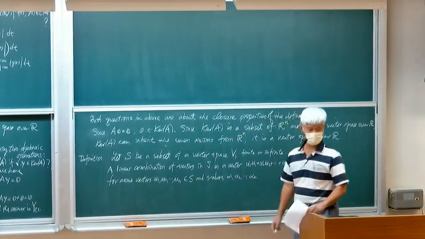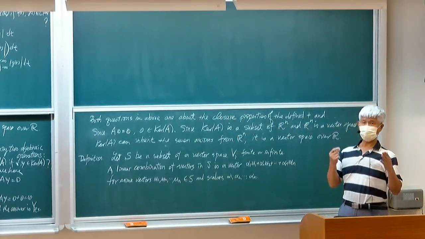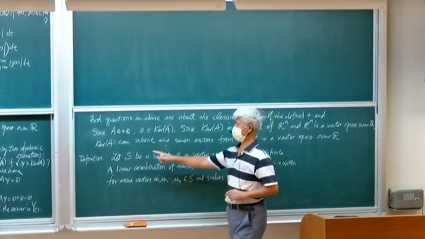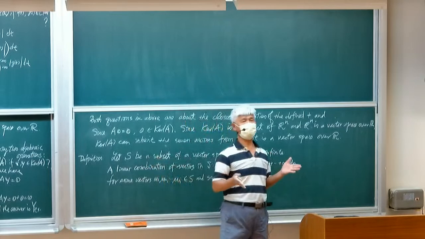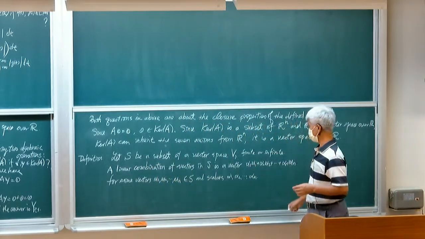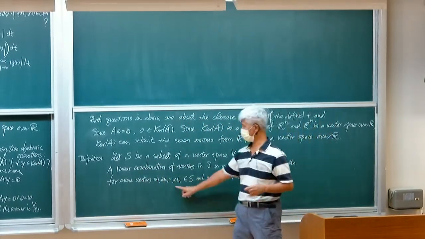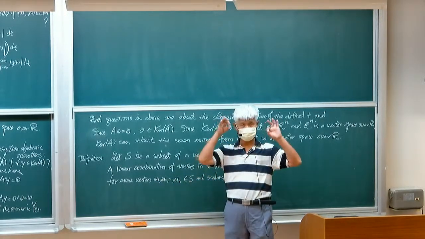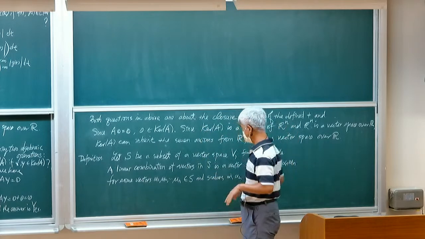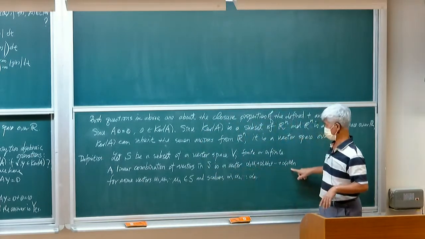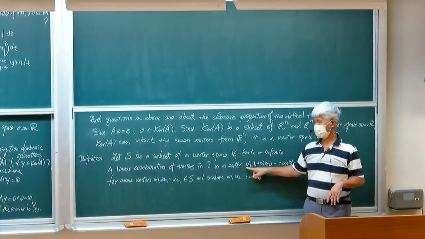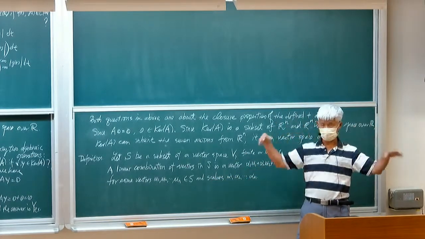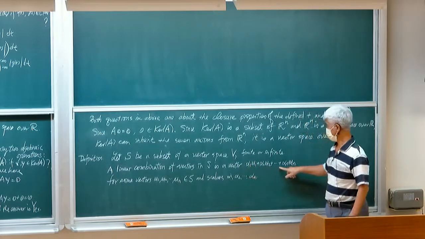So to have a linear combination of vectors in S, even if X may be an infinite set, you just take a finite number of vectors U1, U2, up to Un in S, and make this combination. You pick scalars arbitrarily, and then form this one.